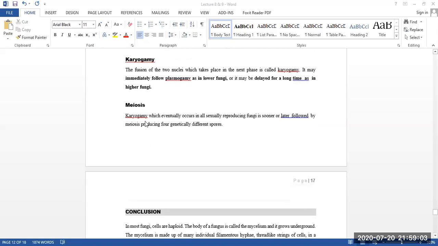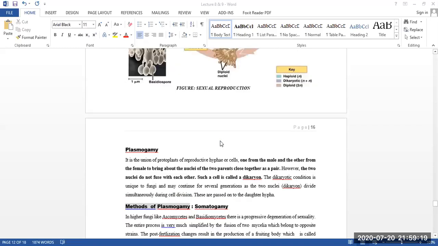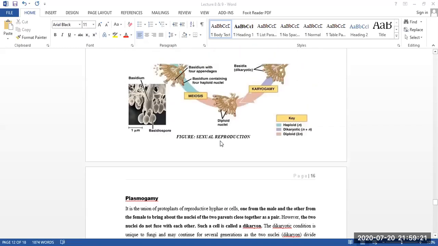Our third step is meiosis. After karyogamy, these fungal cells go through meiosis and produce genetically different spores. So that is our three processes: plasmogamy, karyogamy, and meiosis.